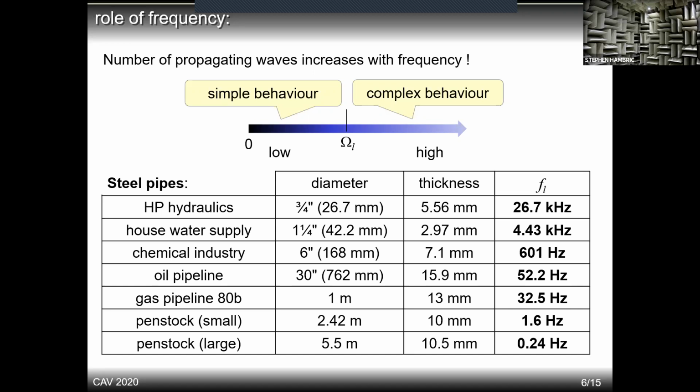In this case, the one of 5.5 meter with a 10.5 millimeter thickness, the limiting frequency of 0.24 Hertz shows that practically all frequencies are those where the pipe behaves in a complex way.